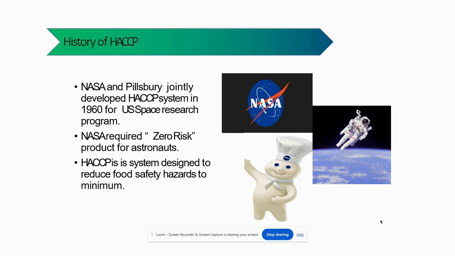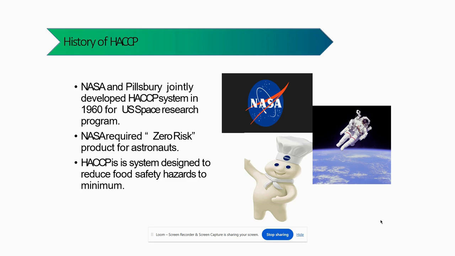This HACCP system consists of 12 steps. Out of these 12 steps, 5 steps are considered to be preliminary steps, and the remaining 7 steps are principles. The preliminary steps, let us discuss each and every step in detail.